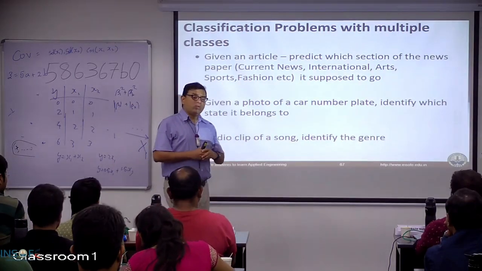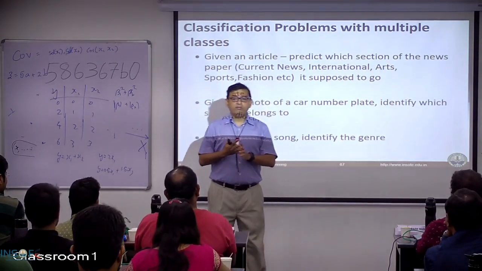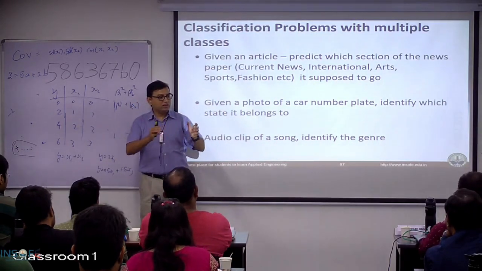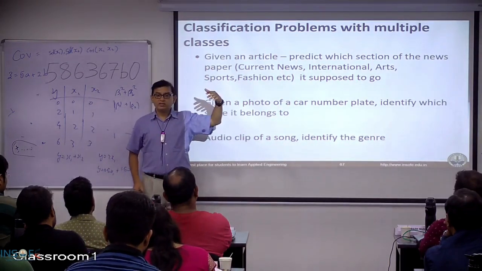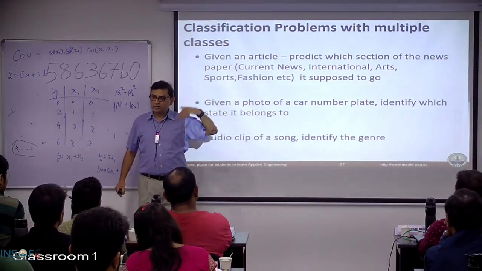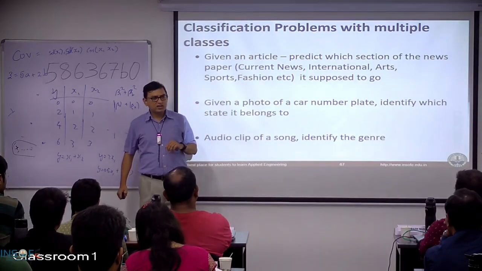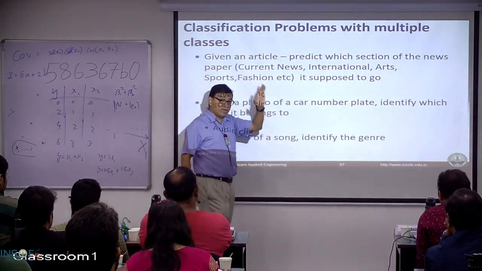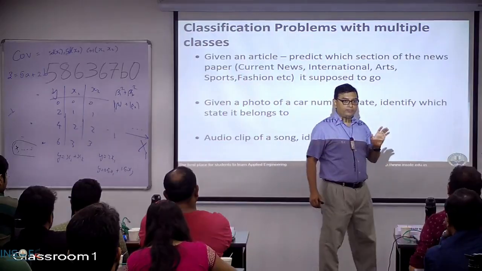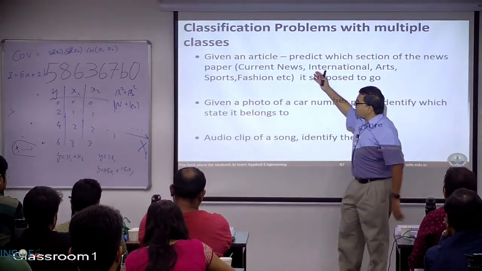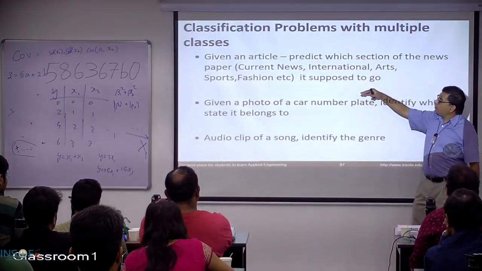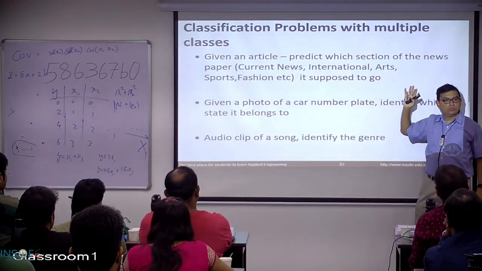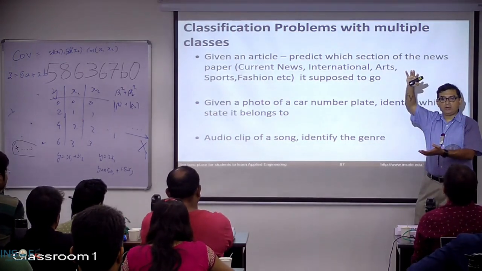Now, we talked about logistic regression yesterday, where, given some set of features, we decide which bucket they best apply to. But there are plenty of classification problems where the number of buckets is large. For example, given an article, you need to predict which section of your newspaper it goes to.